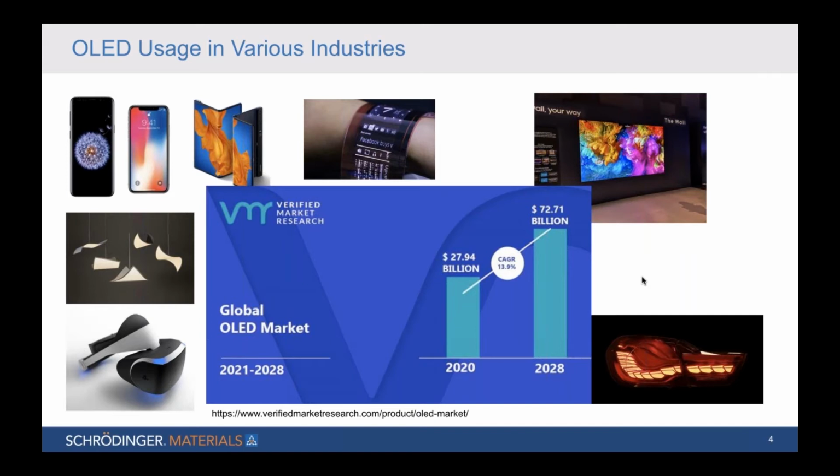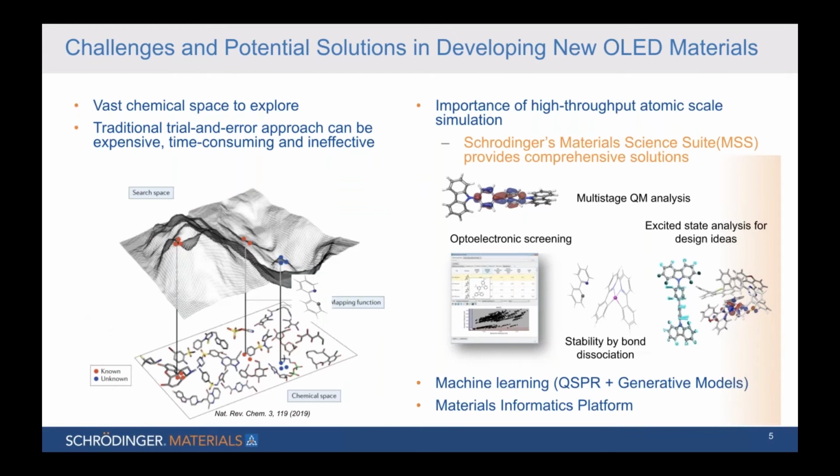And so that means by 2028, the next 5 or 6 years, that will reach threefold more. So this is obviously an exciting and huge market to explore, but there are also obviously challenges, especially when we look into developing new OLED materials.